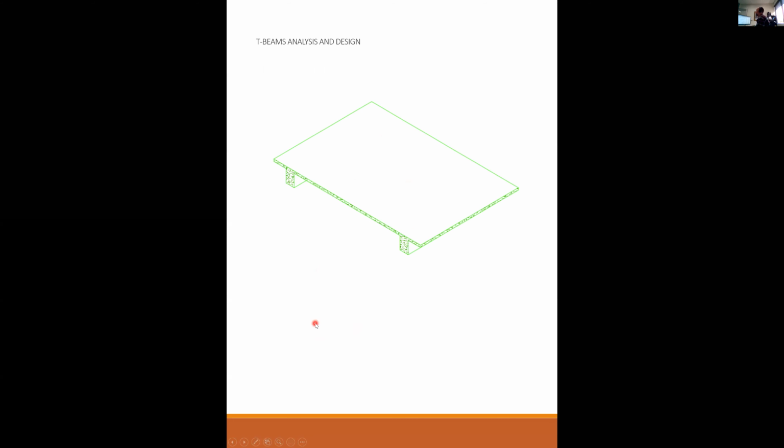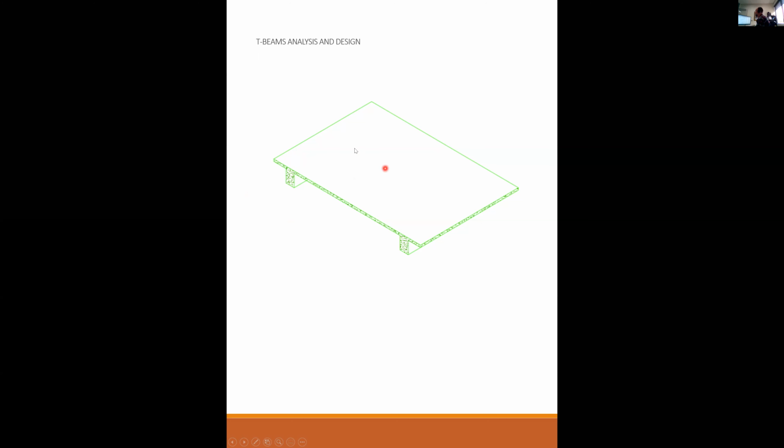Now what we're talking about, and I want to make sure this is clear before we really dig in, is the design of these beams. These beams now are spanning from end to end. They're being loaded by the loads from the slab dumping into the beam, but we've changed direction.